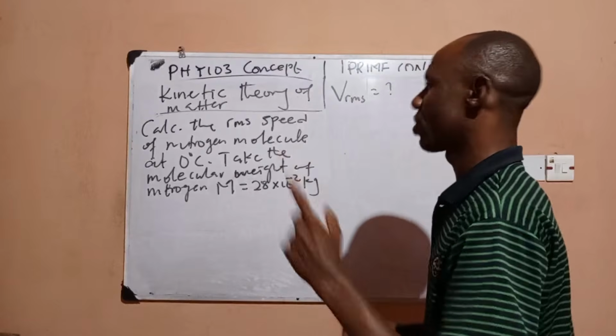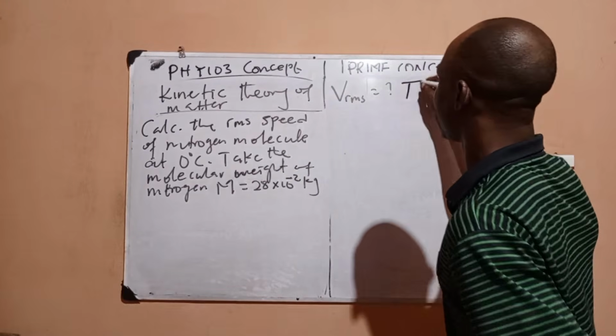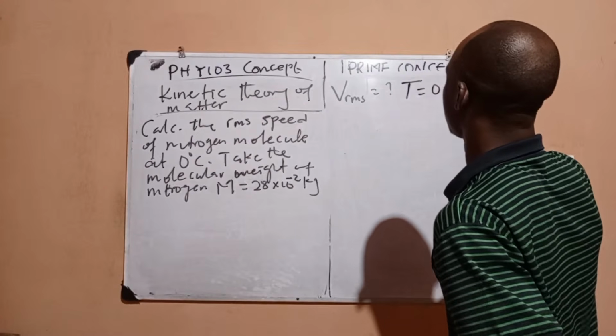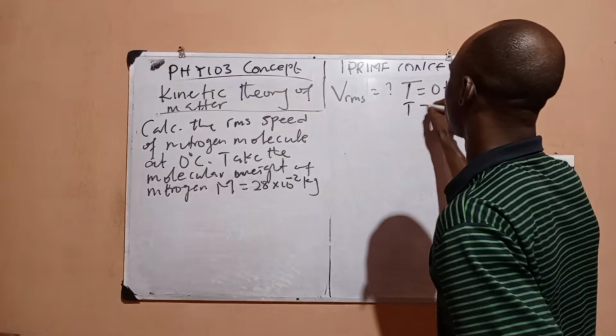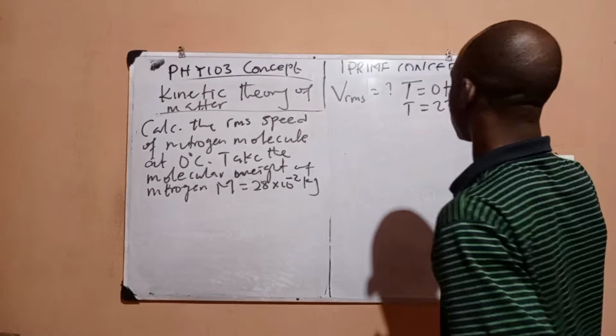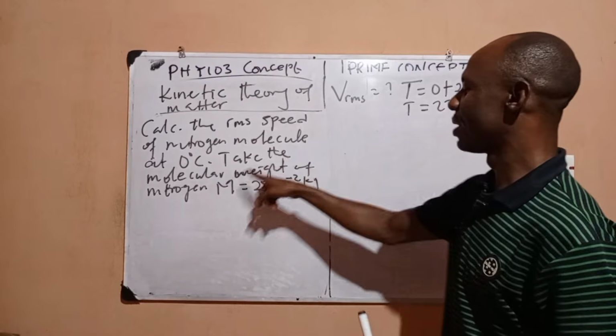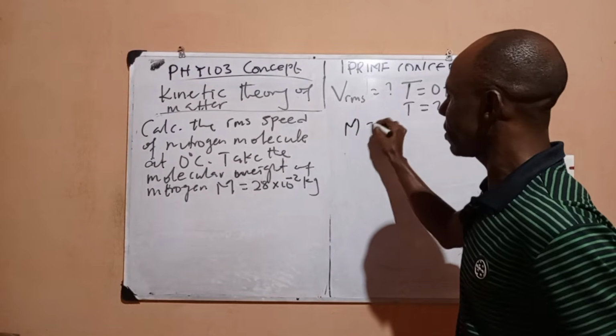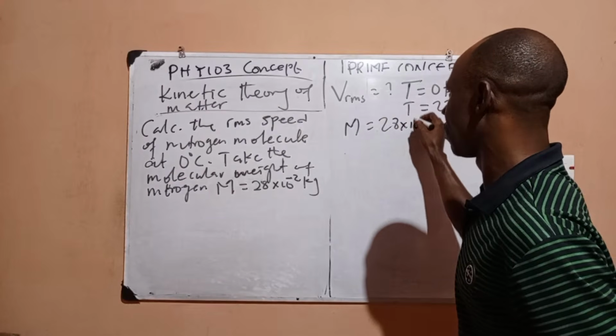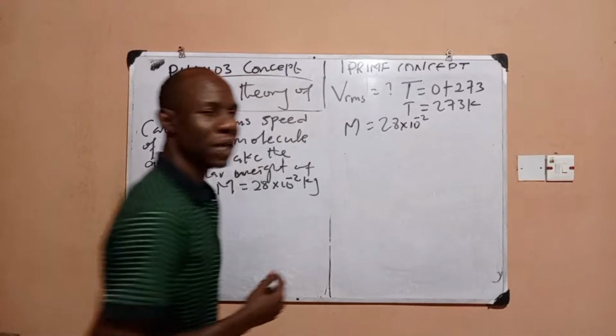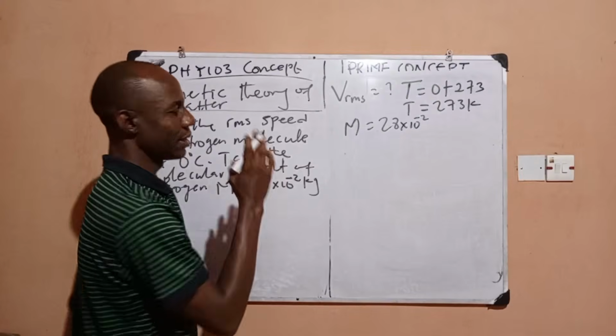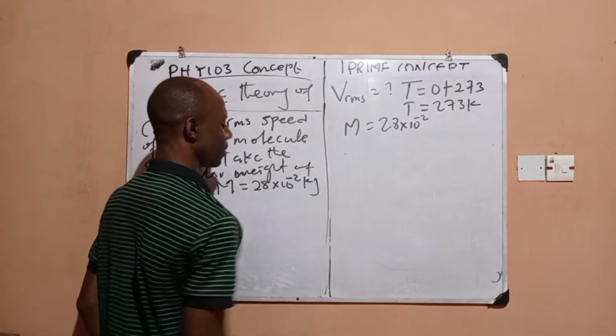Always convert to Kelvin. So our temperature is 0 plus 273, which is 273 Kelvin. Take the molar mass as 28 times 10 to the power minus 2. It is very straightforward, another easiest question you will meet.